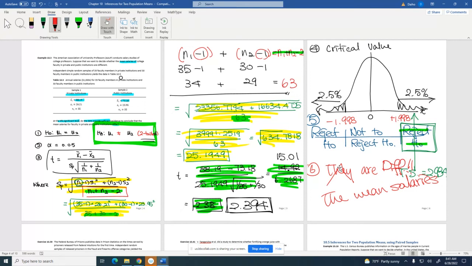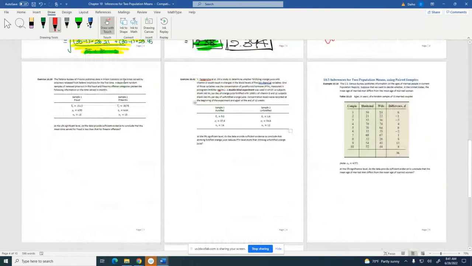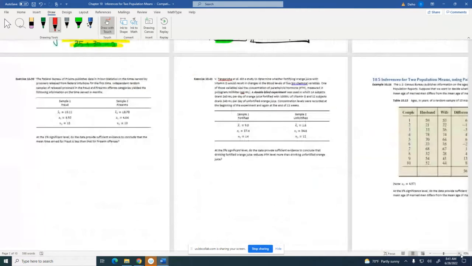Anyway, they are different, because we have to interpret from the alternative hypothesis, because we rejected the null hypothesis, because the test statistic was in the right tail. Does it make sense? Right? Good. Yeah, we need to practice and practice and practice. Try it.